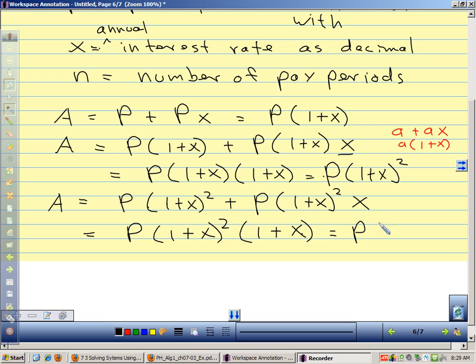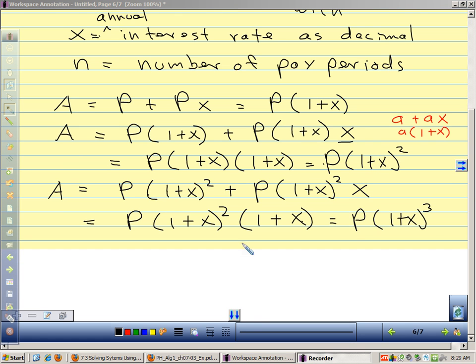And that equals P times 1 plus X cubed. So each time I earn more interest, I'm adding an exponent on the end here. So finally, after N compoundings, if I compound it over and over and over, my amount is P times 1 plus X to the N. That's how many times I've compounded my interest.